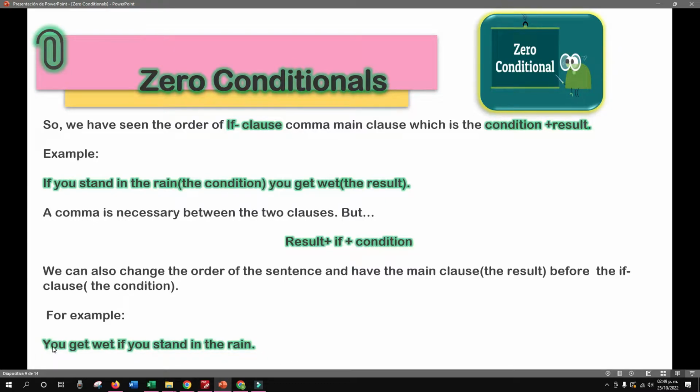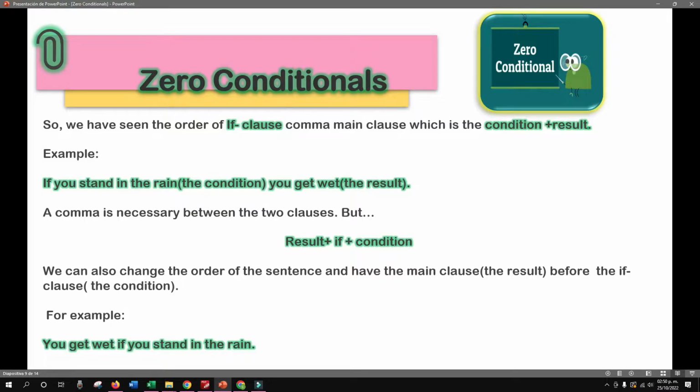Vean, comenzamos con la main clause, el resultado, ¿verdad? Te vas a mojar, luego if, vamos a iniciar con la if, acá no necesitamos coma, ¿verdad? Sino que if you stand in the rain, si tú te paras bajo la lluvia, si te paras en la lluvia. Tenemos result en if and then the condition, right? Entonces, sí podemos hacer este cambio, ¿verdad?